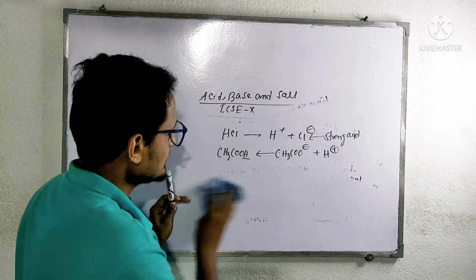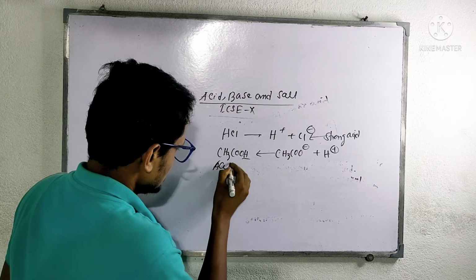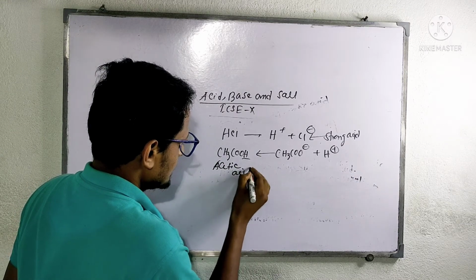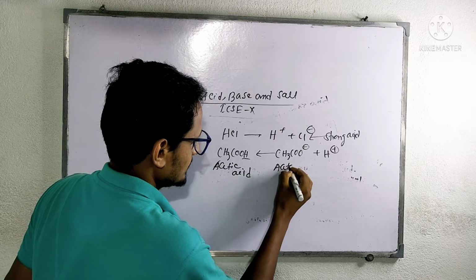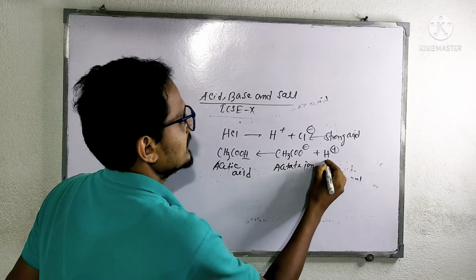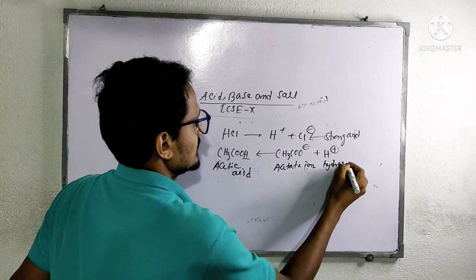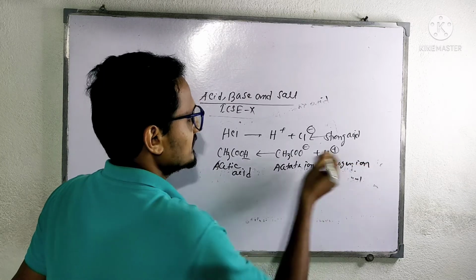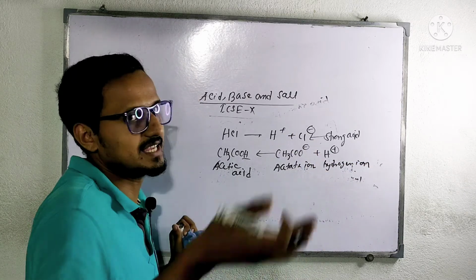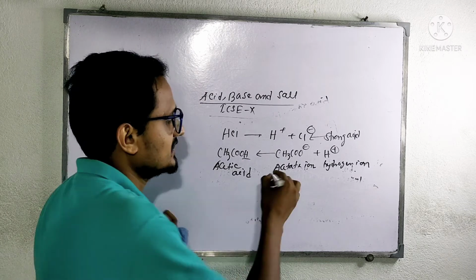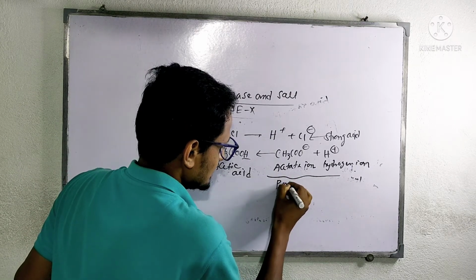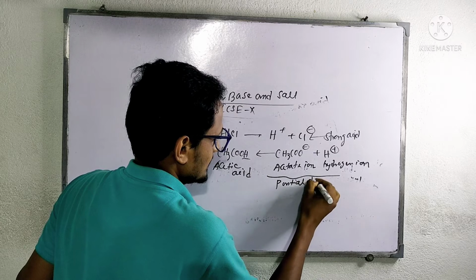This is called acetic acid. This is called acetate ion. And this is hydrogen. The acetate ion will not dissociate again. It means partial dissociation.